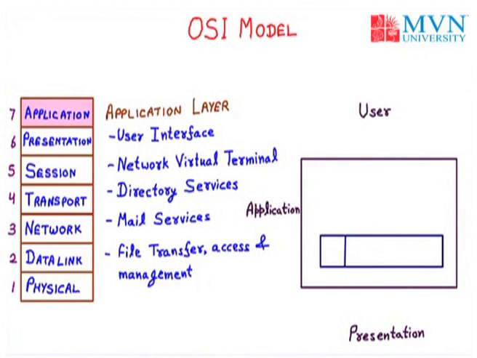Here we have H7 as the header, where H stands for header and 7 stands for the header of the application layer, and the rest of the part is data. That complete part is sent by the presentation layer to the application layer. Now the user only needs the data, so the header part is extracted out from the data.